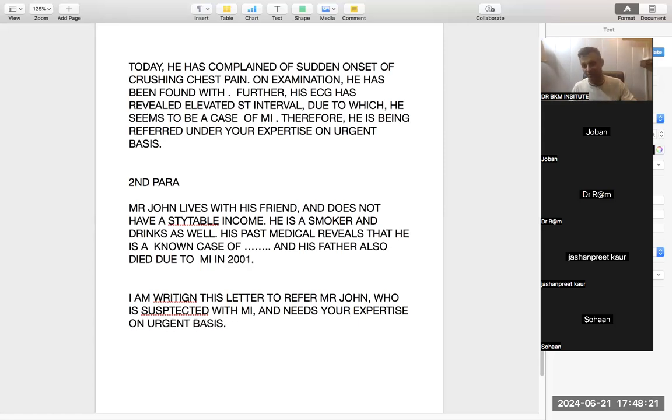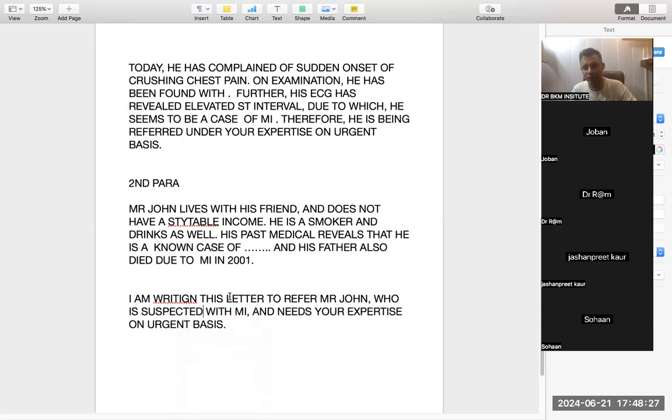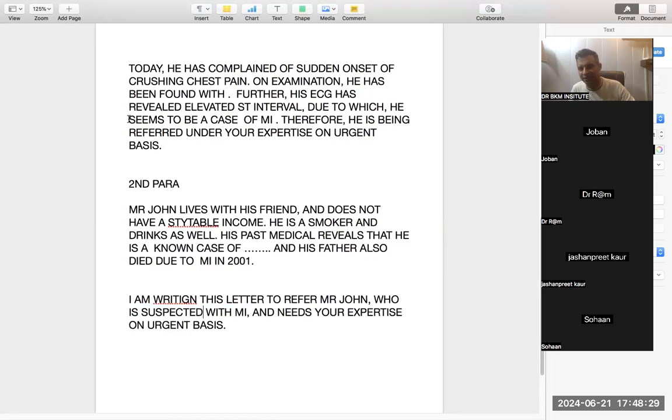How cool and easy. I'm writing this letter to refer Mr. John, who is suspected with MI. When you write the last paragraph, if you change the word suspected to seems to be a case of, it gives you more marks because you have shown variation. Suspected becomes who seems to be a case of.